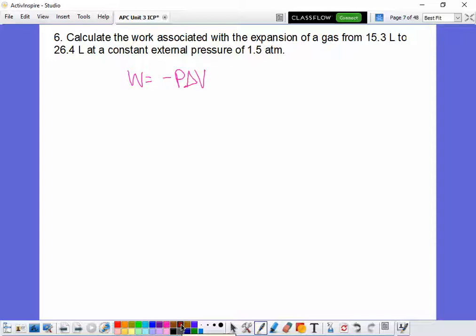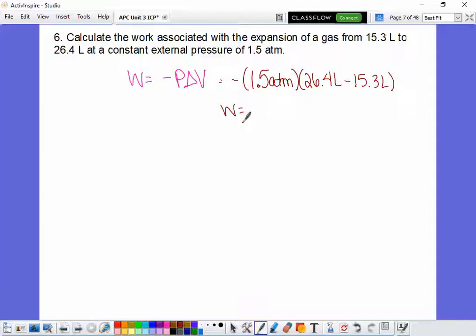So I'm just going to plug in what I have. Pressure is 1.5 atmospheres. Remember, delta V is always final minus initial, so 26.4 minus 15.3. So go ahead and calculate that work. Since it's expanding, we should have a negative value.